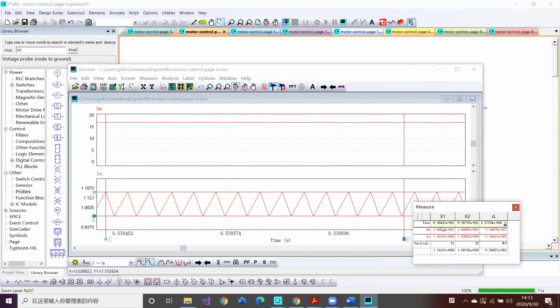See, my maximum value is 1.16 and minimum is 1.00. So now you know the delta value is 1.54, because I put it vice versa. So the delta value is 0.154, right?